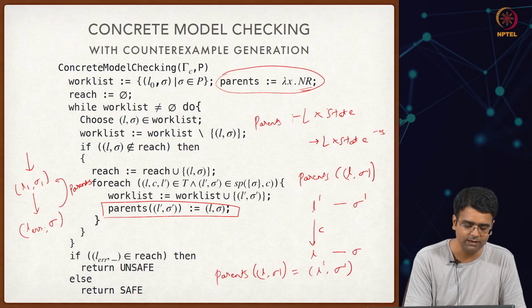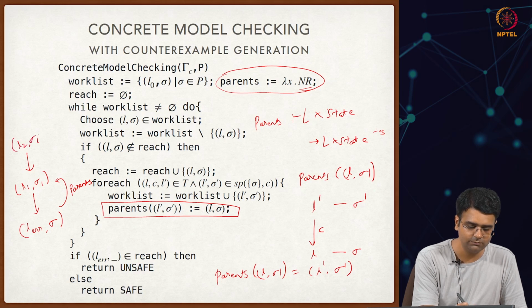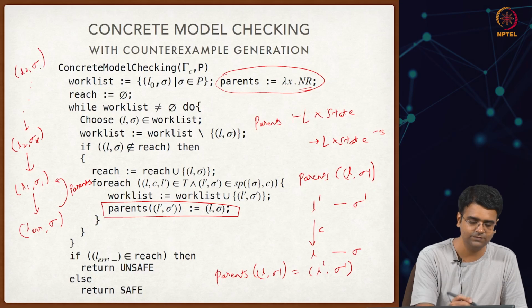So the parents map says that the parent of L error sigma is some L1 sigma 1, and similarly the parent of L1 sigma 1 is some L2 sigma 2 and so on, all the way. So you will go all the way up to the start location, which is L0 comma some sigma. Okay.